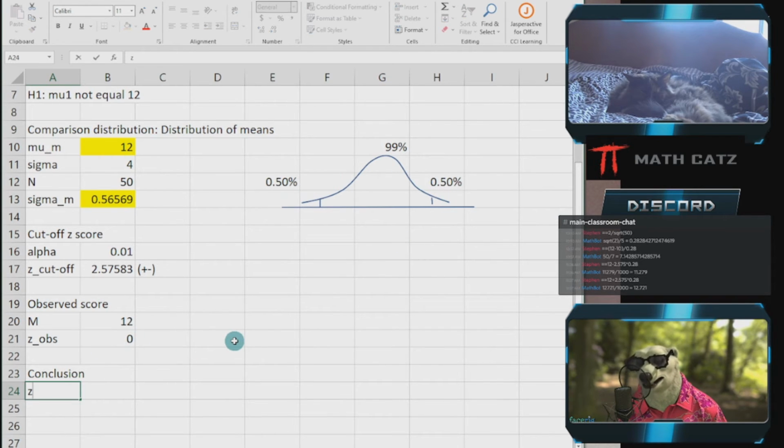So we'll say here Z observed is in between, we could say it like this, plus minus Z cutoff.